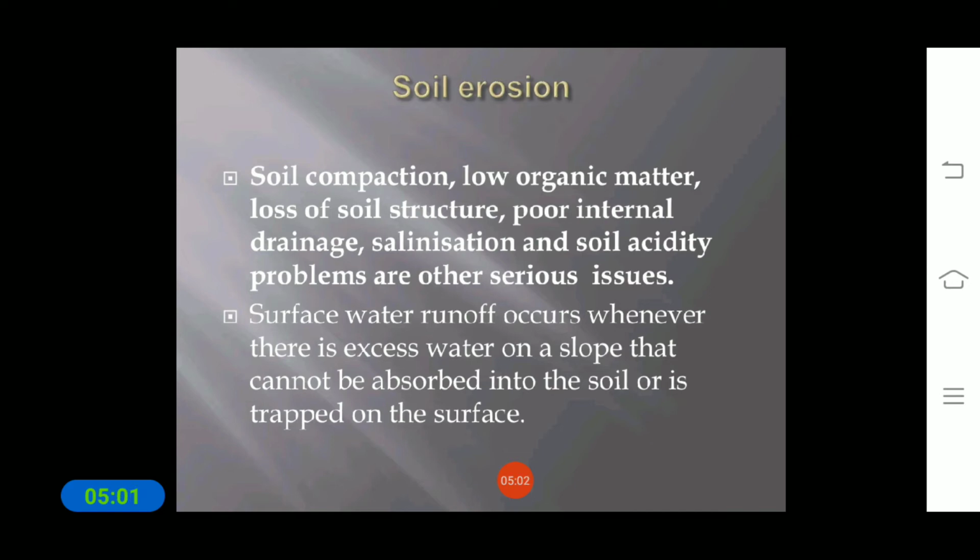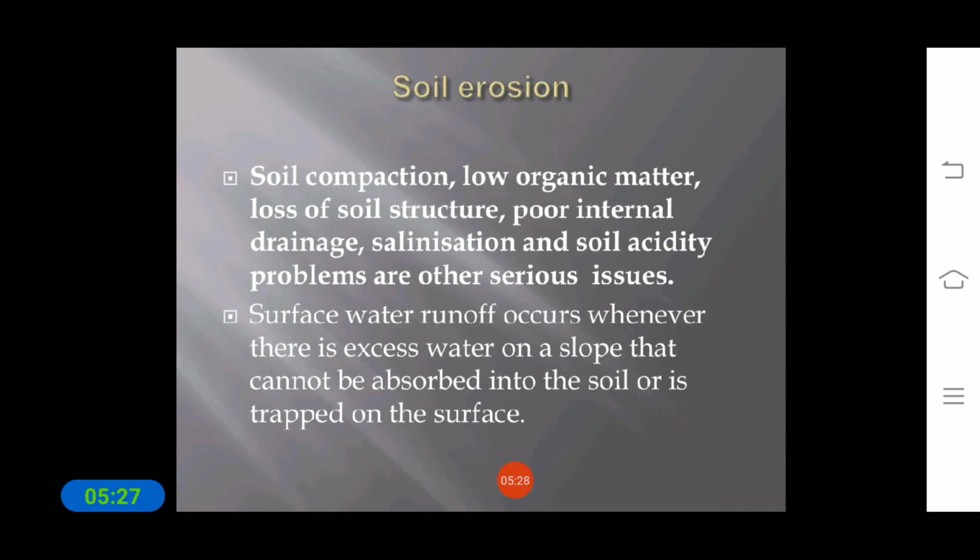By this soil erosion, what will happen is that the absorption property of the soil may be damaged. The water cannot be absorbed into the soil or is trapped on the surface only. See, the main property of the soil is to absorb water.